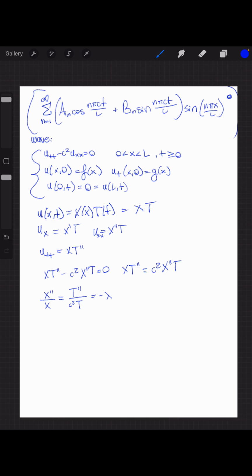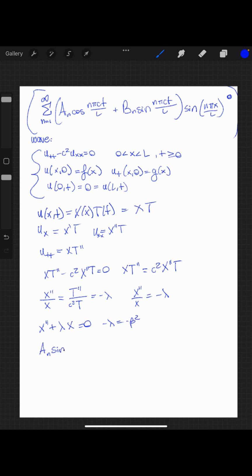So we can solve for X first. Then we have X double prime over X equal to negative lambda. If we multiply X by the negative lambda and move it over, we get X double prime plus lambda X equals 0.